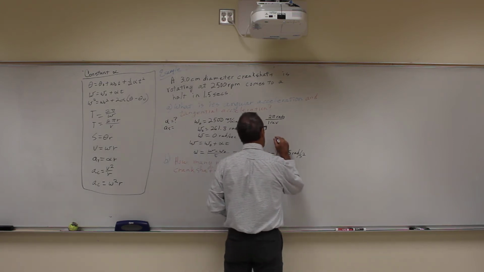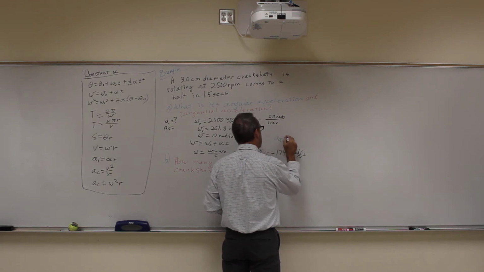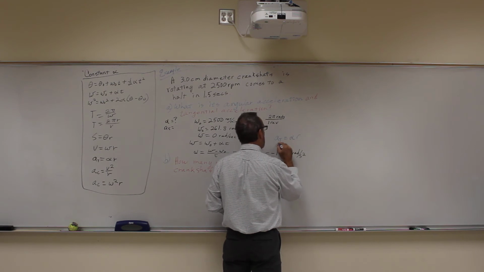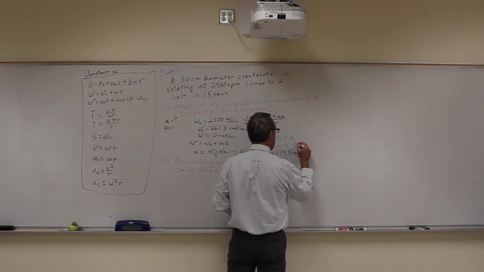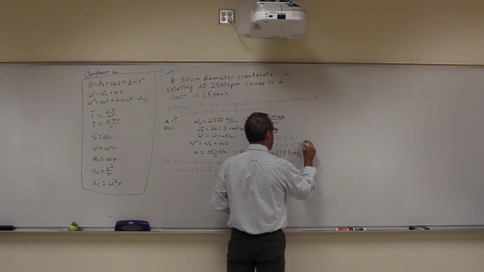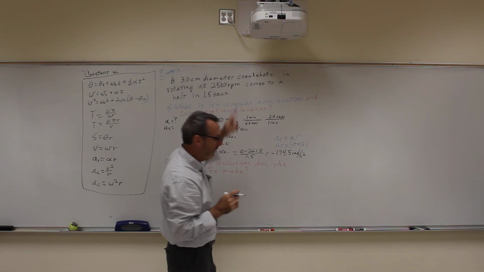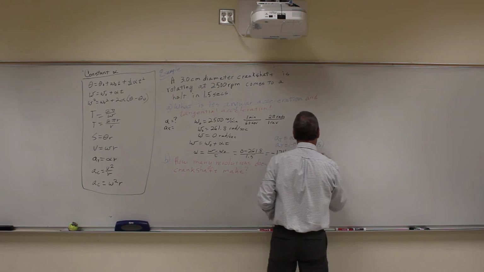Well, the tangential acceleration is just equal to alpha r. Or in our case, alpha we have is minus 174.5. And the radius, remember, is half of this, but we need this to be in meters. So this is 0.015 meters.